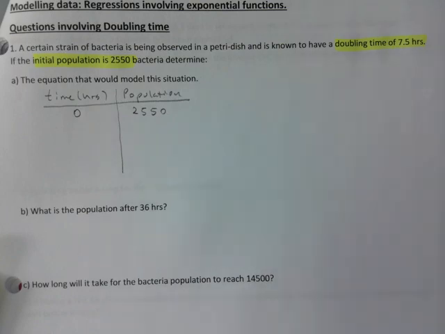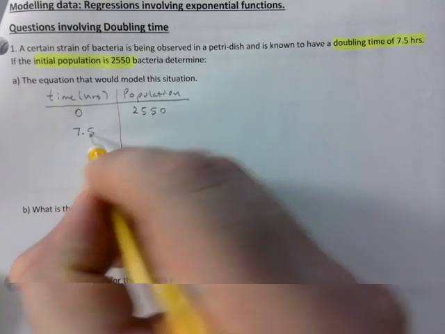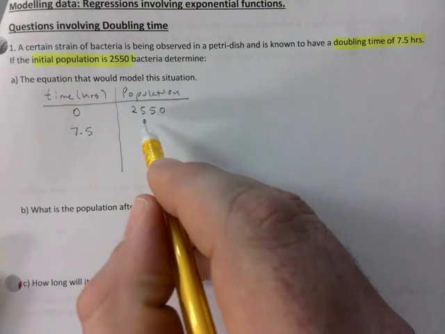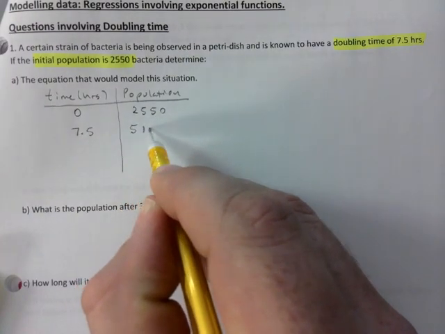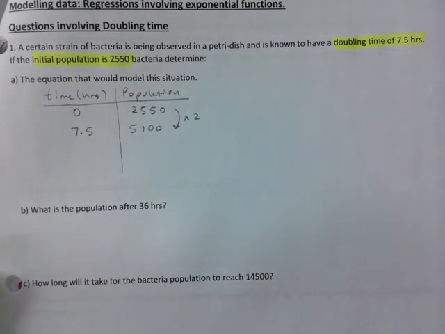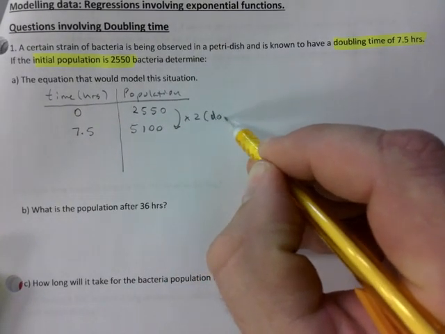After 7.5 hours, we will have doubled our initial population. That's what doubling time says. If you multiply that by 2, it's 5100. You doubled it.